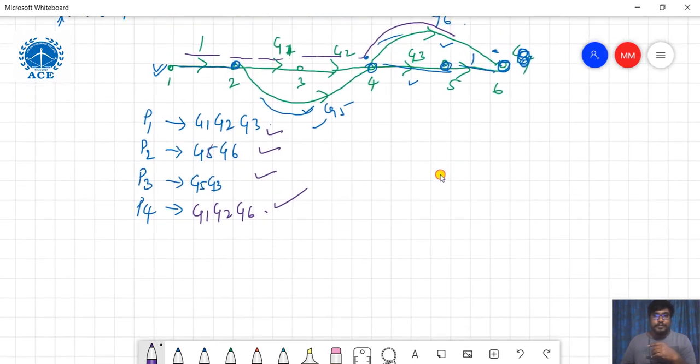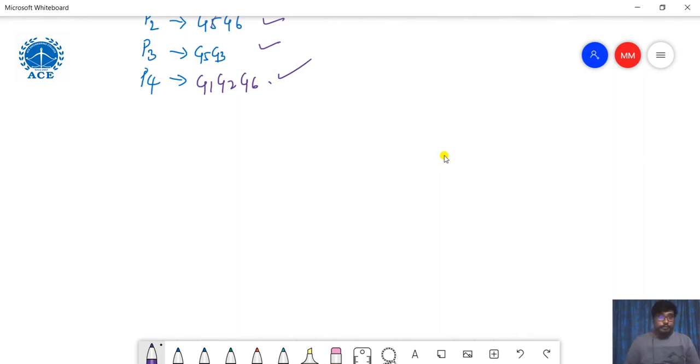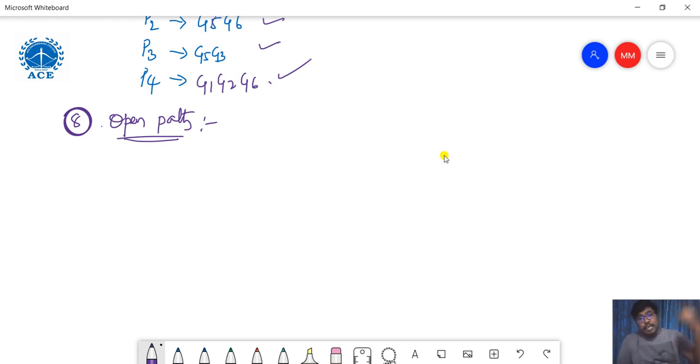Okay, the 8th one, open path now. Open path means a path starts at a node and terminates or ends at another node.